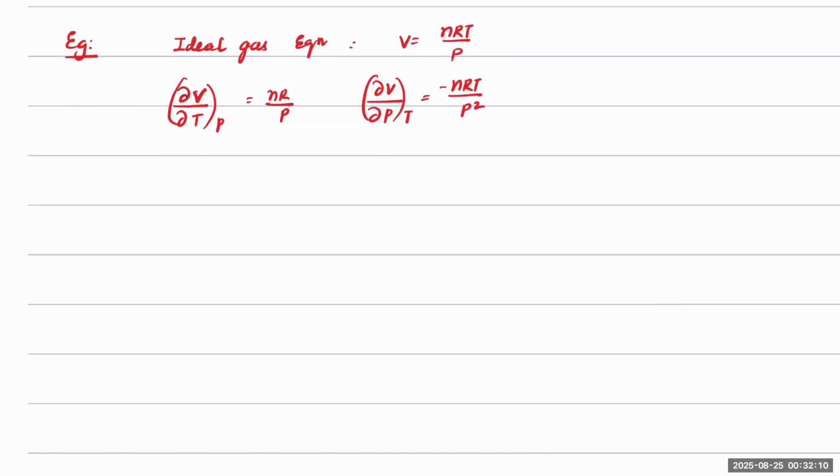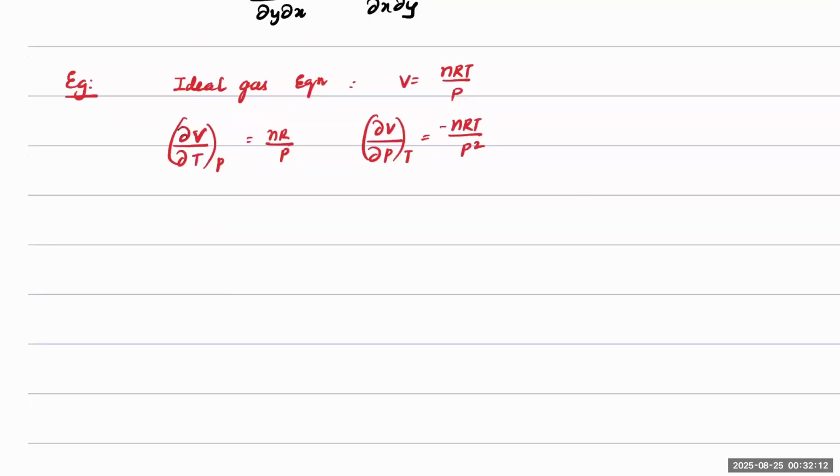Right, check. Now, if I differentiate this function with ∂/∂P, then what would I get? ∂V/∂T at constant P, isn't it? And this all should be done at constant temperature. So in that case, it will be nR by P square with minus.